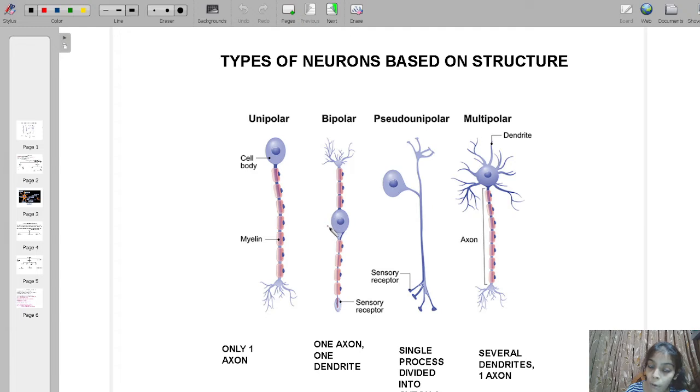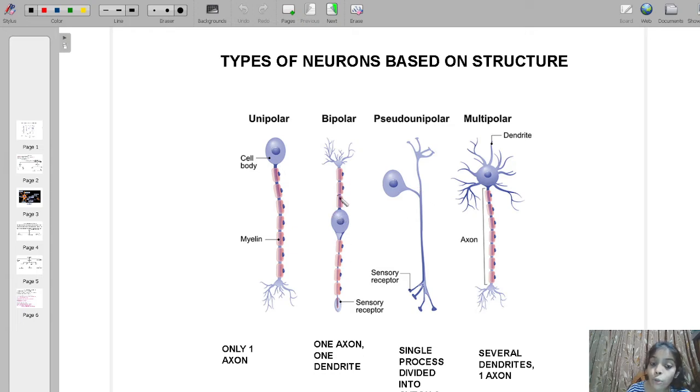So one cell body, two processes, one process ending in the form of dendrites, and the other one ending in the form of axon. Or this you may also consider to be axon terminal. This might be dendrite. Next comes pseudo-unipolar. The word pseudo means false. So pseudo-unipolar means there is only one process.